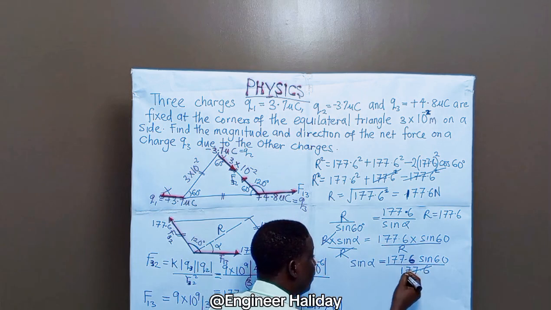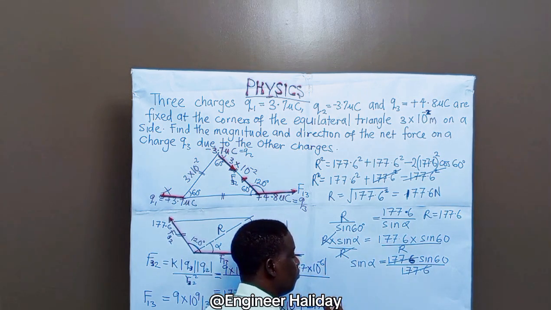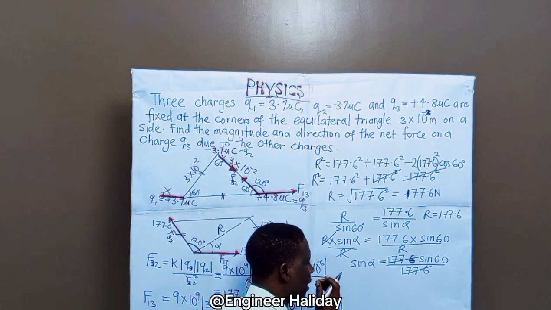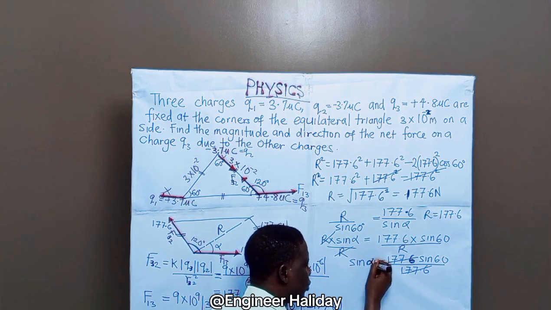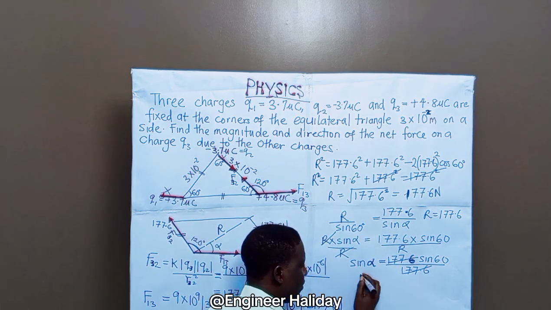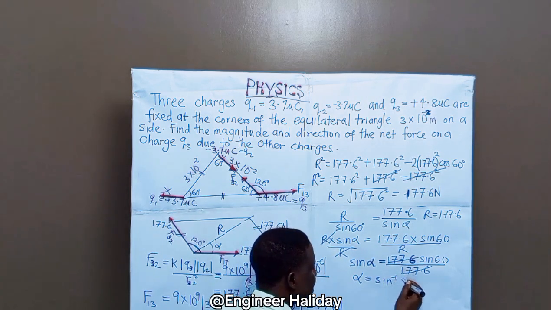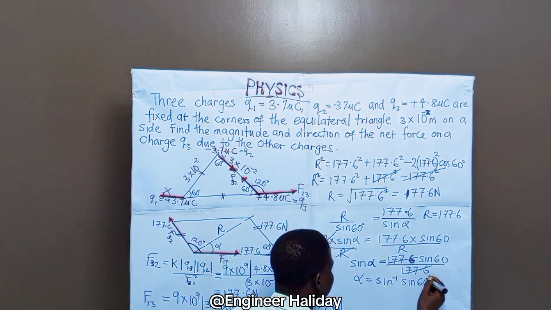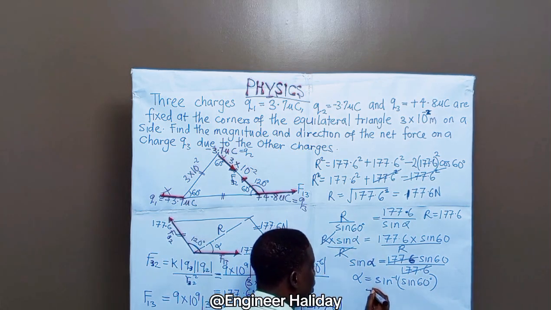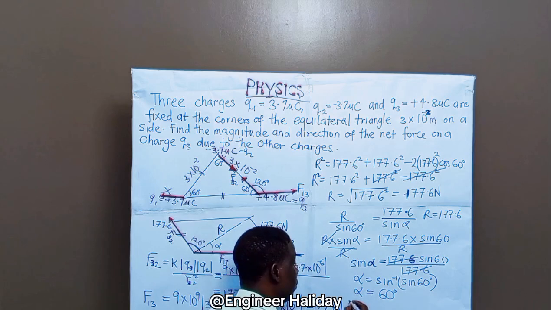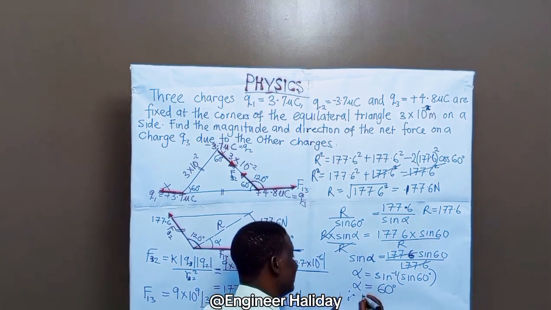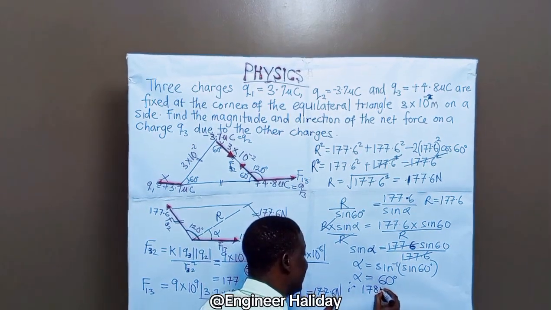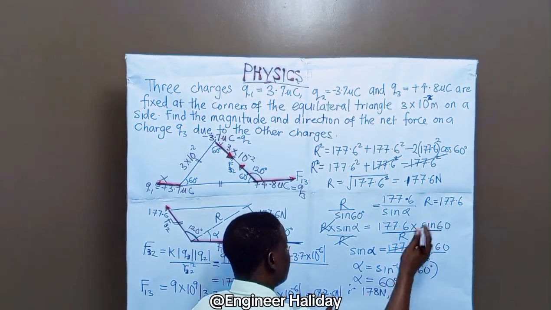Because we are making sine alpha, which is the direction of the resultant, the subject of the formula, alpha becomes sine inverse of sine 60 degrees. If you take sine inverse of sine 60 degrees, we are going to have 60 degrees as alpha. So therefore our answer is the resultant is approximately 178 Newton.